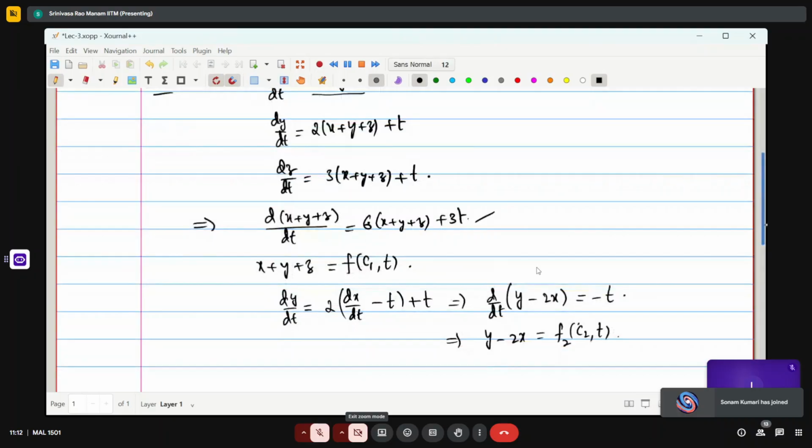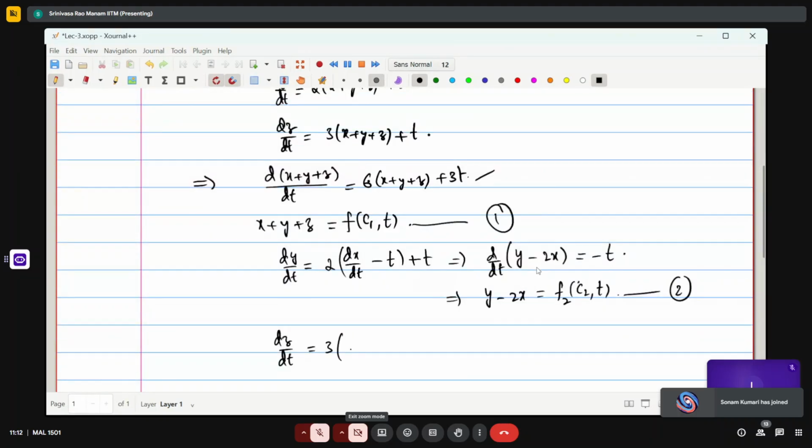Similarly, substitute for dz by dt. So dz by dt equal to 3 times (dx by dt minus t) plus t. This gives d by dt of (z minus 3x) equal to minus 2t.